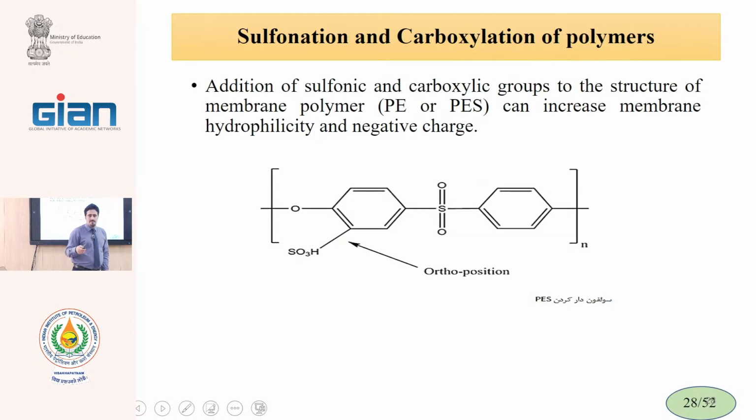For increasing the hydrophilicity, we can also modify the main polymer. When we have polysulfone, with the addition of functional groups, such as sulfonic, carboxylic, and hydroxyl groups, we can increase the membrane permeability and antifouling properties.